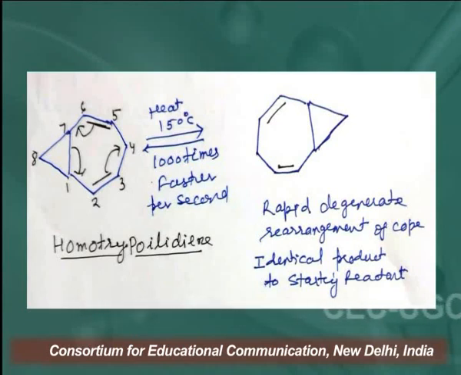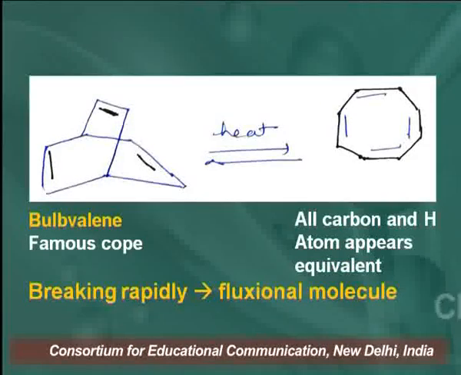You are looking at a Cope reaction which is thousands of times faster per second. It requires heat to overcome the energy barriers. This type of reaction is called a rapid degenerate Cope rearrangement reaction. A famous example is bullvalene.